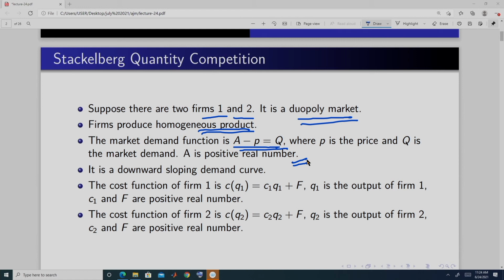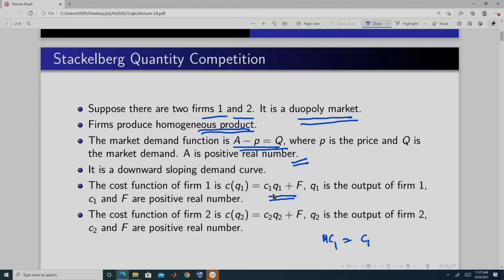Now, we specify the cost function of each firm. The cost function of firm 1 is this. So, its marginal cost is constant. If we take this as a cost function, then the marginal cost of firm 1 is C1. This is the variable component and this is the fixed cost, and we assume for simplicity only this version of cost function.